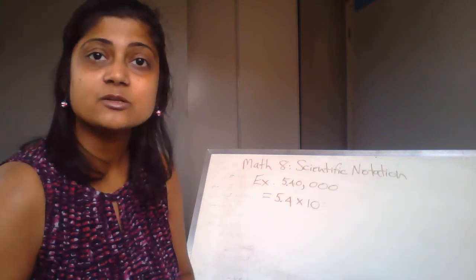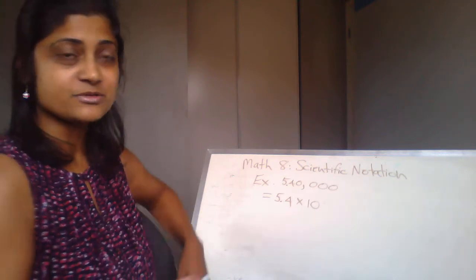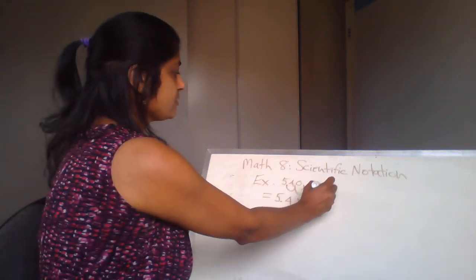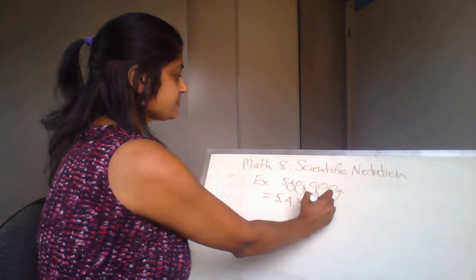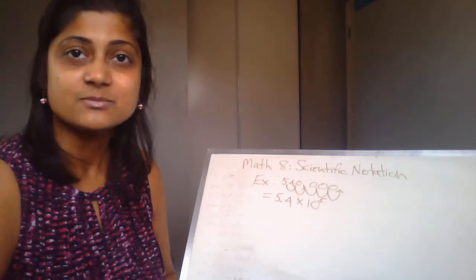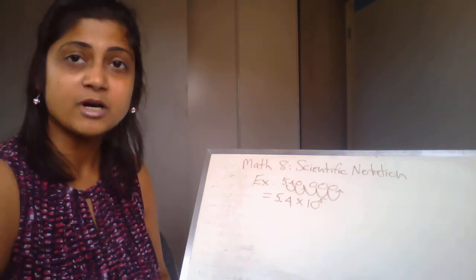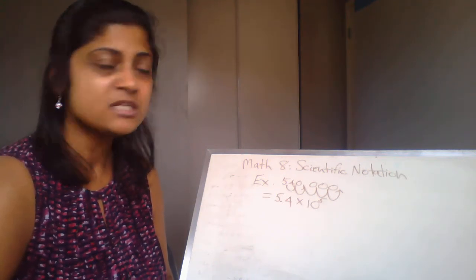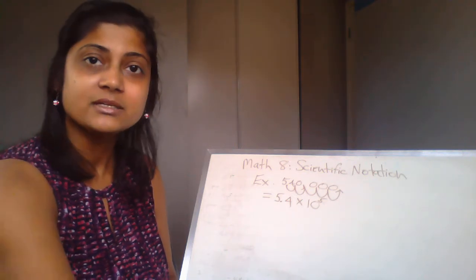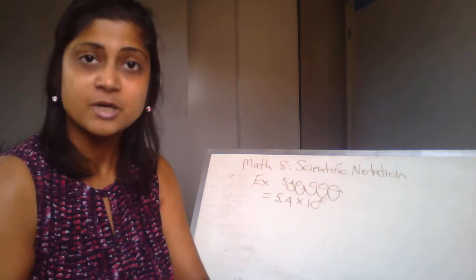The decimal place can only move in between the numbers, so it's going to go 1, 2, 3, 4, 5. When I write it, it's going to be 5.4 times 10 to the power of positive 5. Whenever you are moving the decimal place to the right, that's when the exponent is positive.